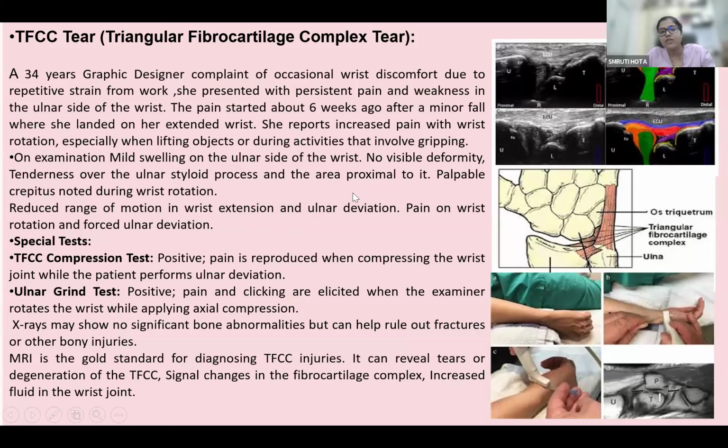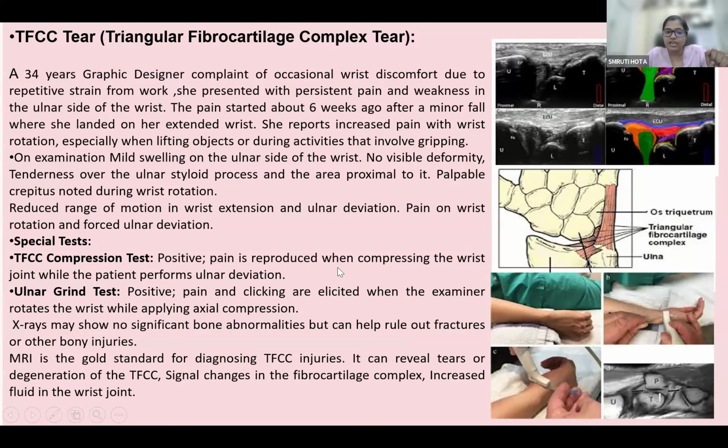But how will you diagnose whether it is a TFCC injury? By some tests. These are common: tenderness, crepitus. These are also found in wrist arthritis. But a few special tests are there.